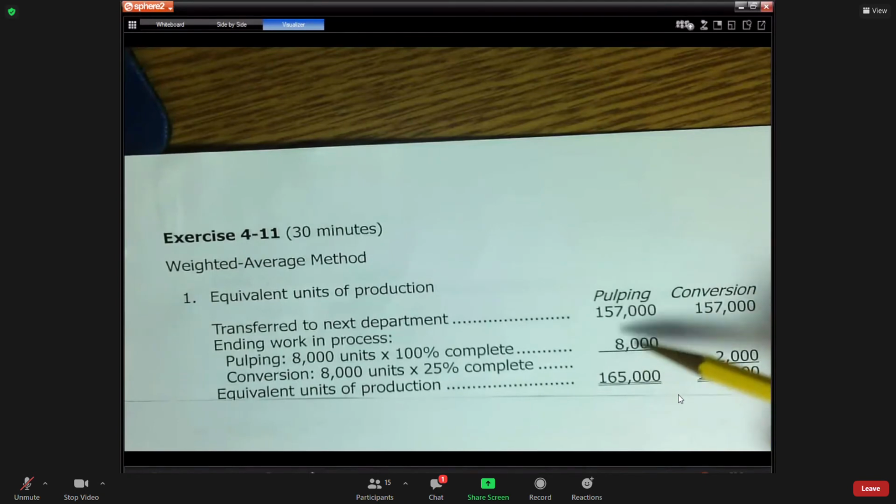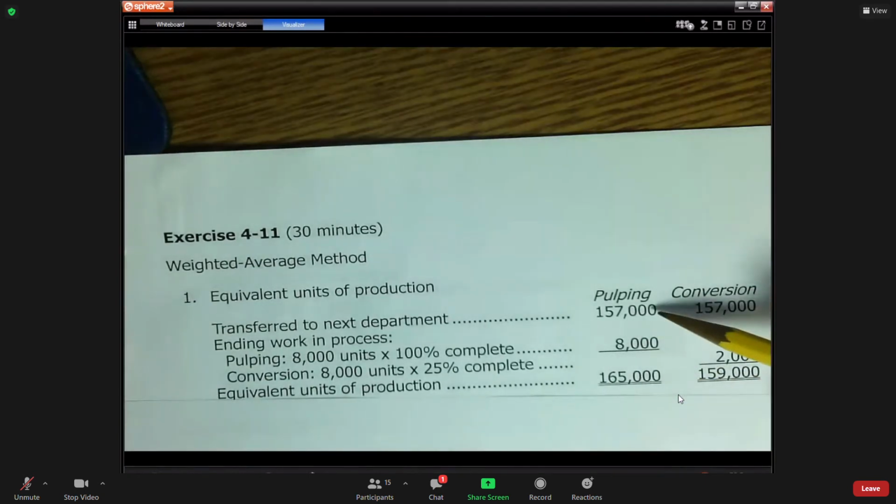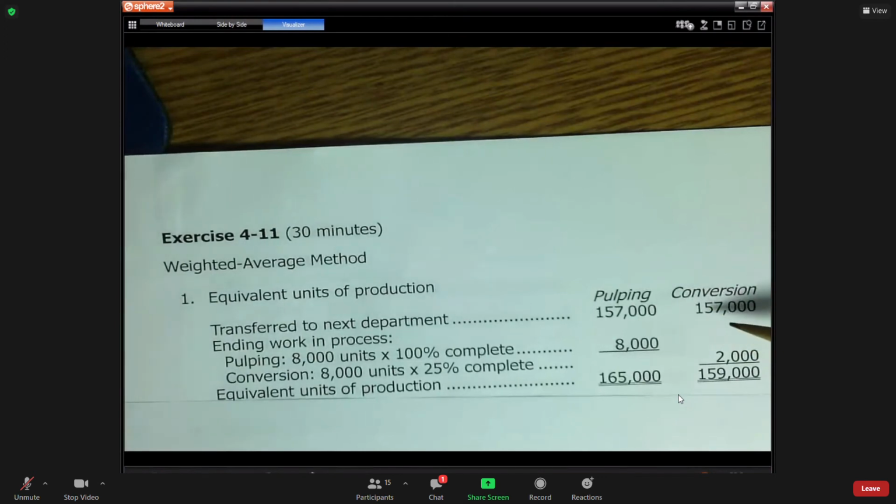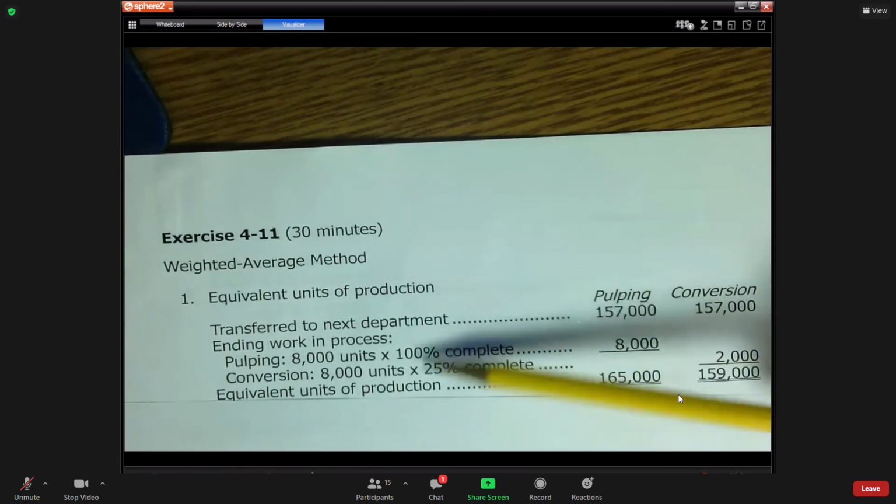units. Remember, this is units, not dollars. For the conversion, it doesn't matter if it's the direct materials or the conversion costs. The units transferred are transferred at 100%. It has all the direct material cost in them. It has all the conversion cost in them, or they wouldn't transfer it to the next department. The ones in the ending work in process, there's 8,000 units.